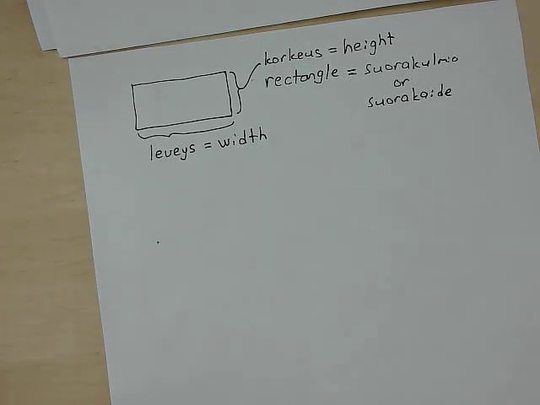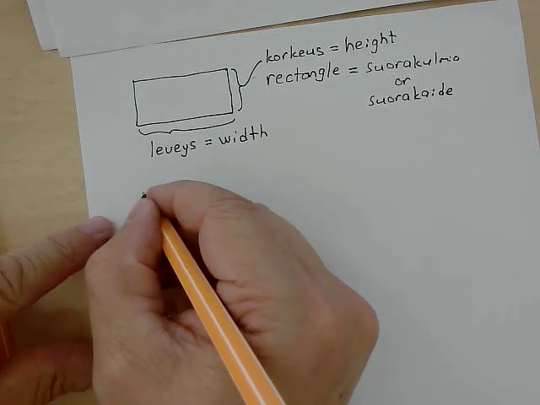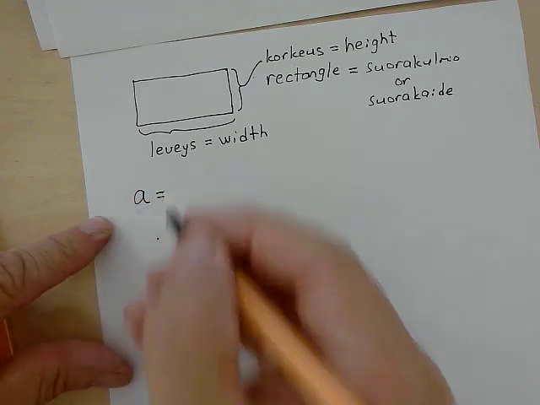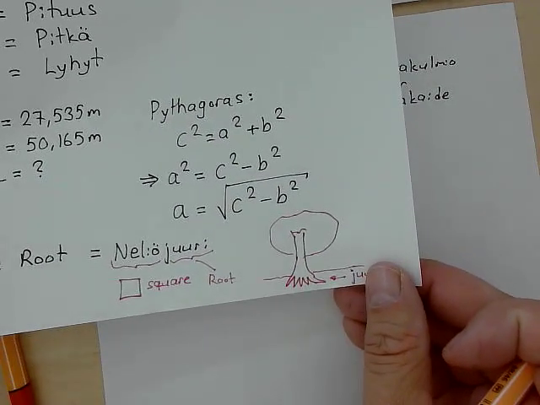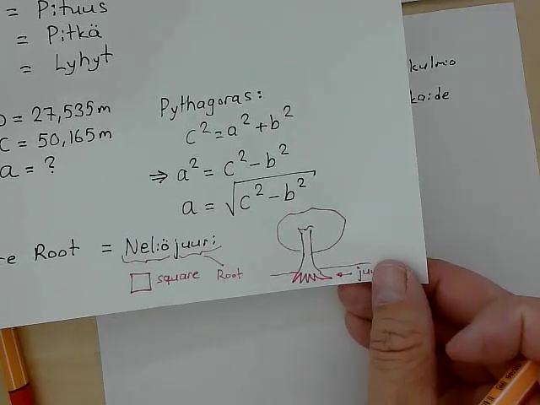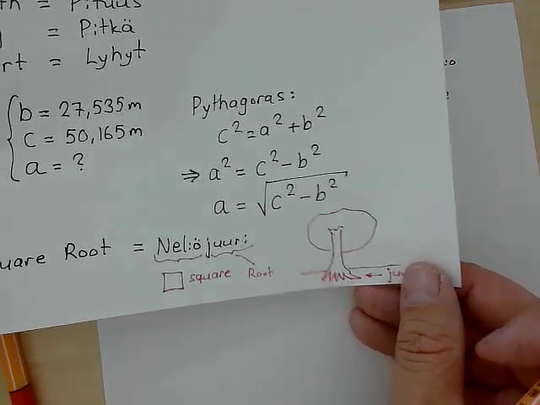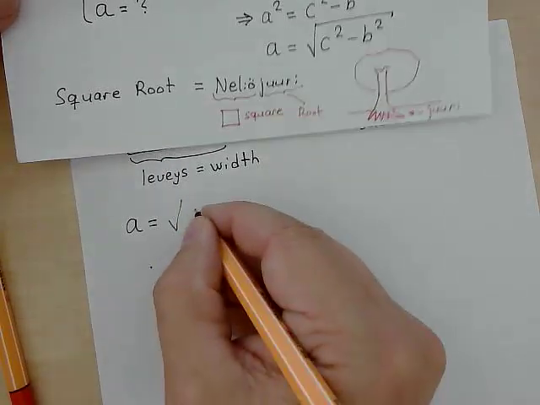Okay, let's go back to our example. So we had A equals the square root of c squared minus b squared. So we will write those numbers there.